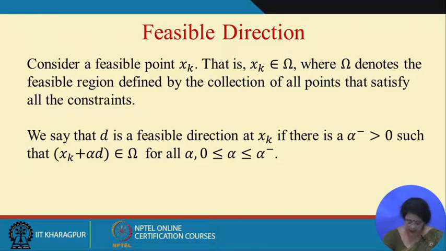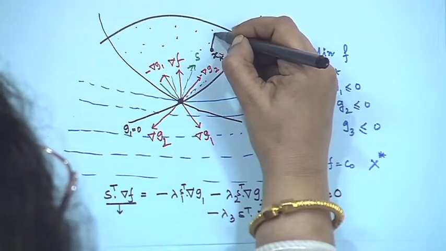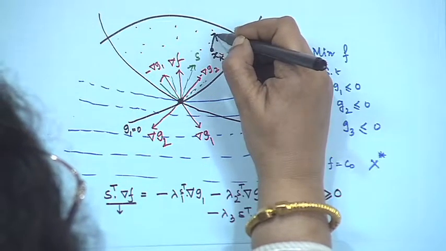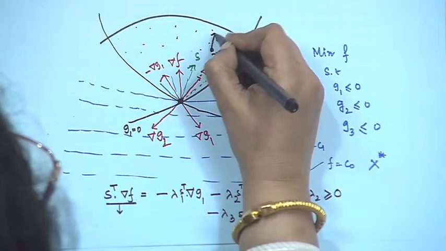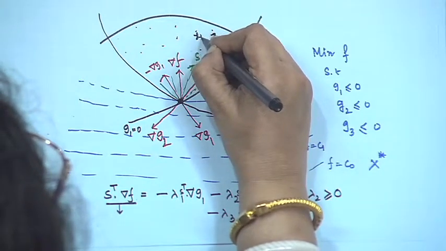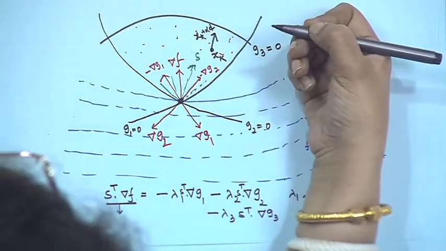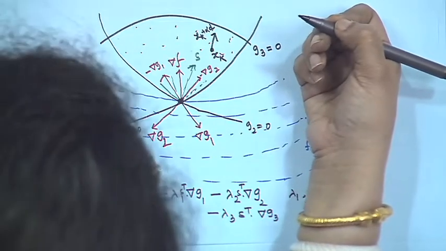That means from the figure, say this is my xk. Now, I am moving in this direction, say d. And how far will I move? I will move with the step length alpha. That is why I am moving from xk to xk plus alpha d, where alpha ranges from 0 to alpha bar.